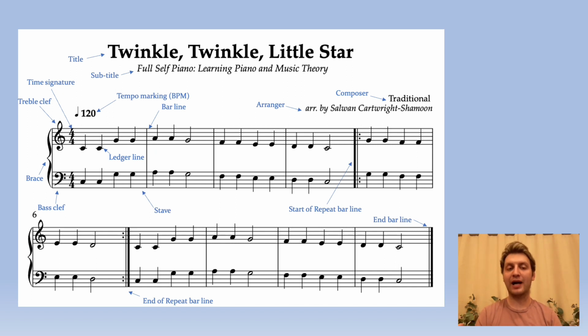Because we have 2 hands with a piano, there can be more than 1 note played at a time, and there's 2 different staves, as you like, and they're to be played at the same time, and that's indicated by the brace. Then we have coming in the treble clef and the bass clef underneath it.